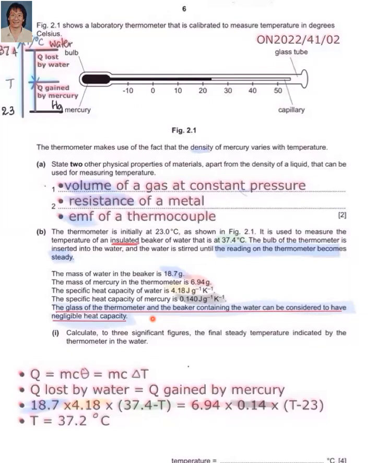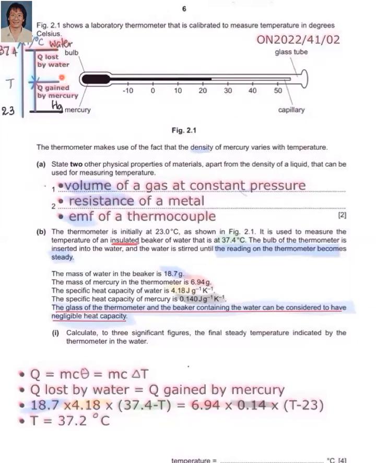To answer this question, you need to draw a diagram to show the temperature of the water and the mercury, so that you know the substance that gains heat energy and the substance that loses heat energy. This 37.4 degrees Celsius is the temperature of the water. This is the initial temperature of the mercury inside the thermometer. And this is the final temperature of the mercury and the water when the system reaches thermal equilibrium.